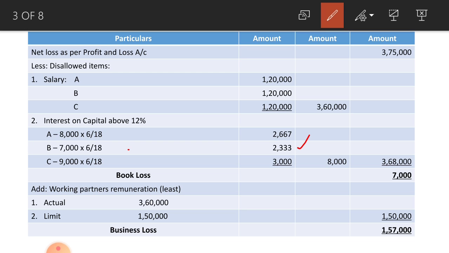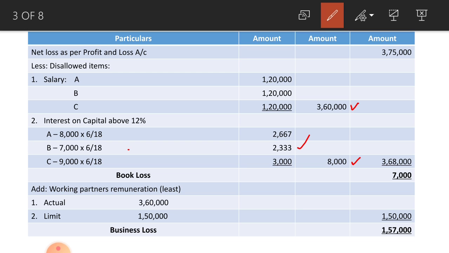That is 3,60,000 of salary and 8,000 of interest on capital. That amounts to 3,68,000. Here disallowed items less than net loss. That means a net loss is more than these expenses. So the net loss now amounts to rupees 7,000.